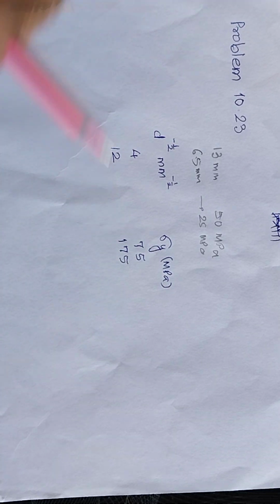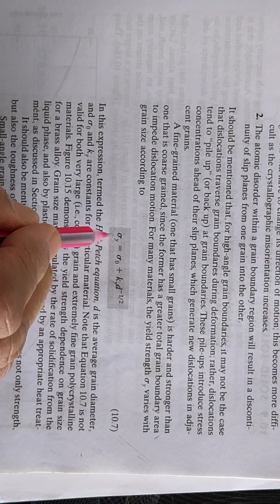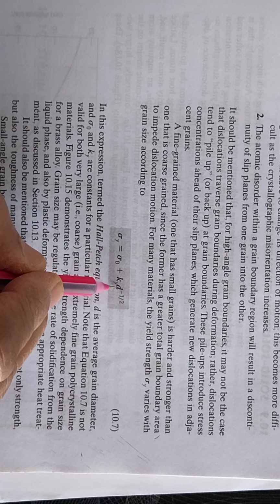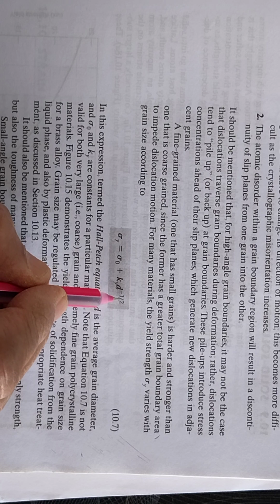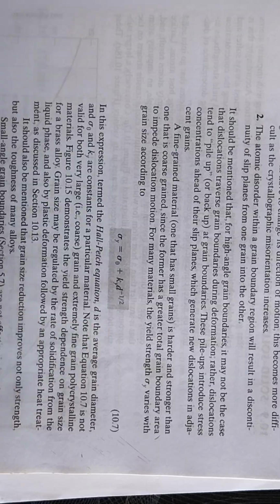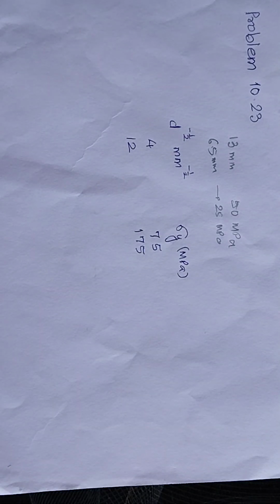Now that gives us two equations. This is the Hall-Petch equation: sigma y is equal to sigma 0 plus ky d raised to minus 1 by 2, and we already have the values of sigma y.